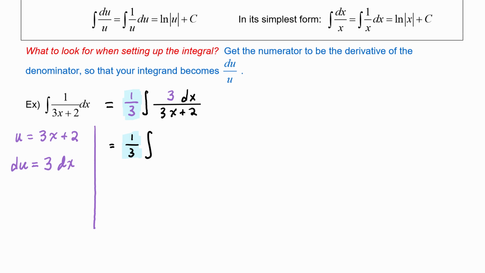Now this numerator, 3 times dx, we see can be replaced with du, and then in the denominator we have a 3x plus 2, which can be replaced with the u variable.